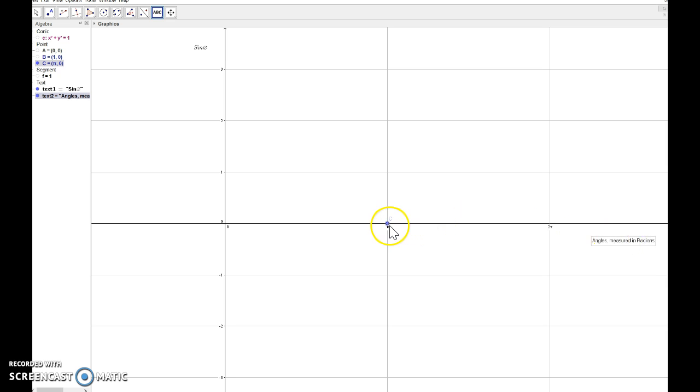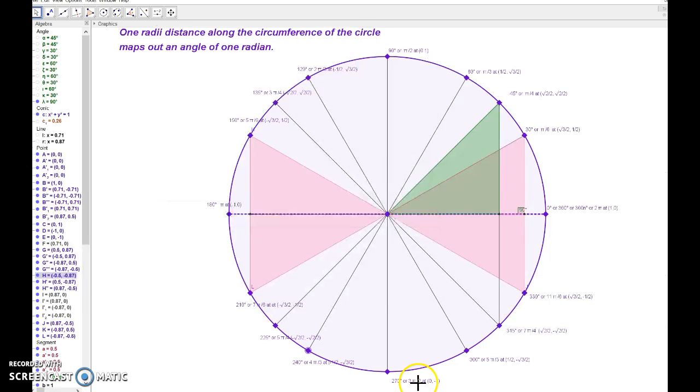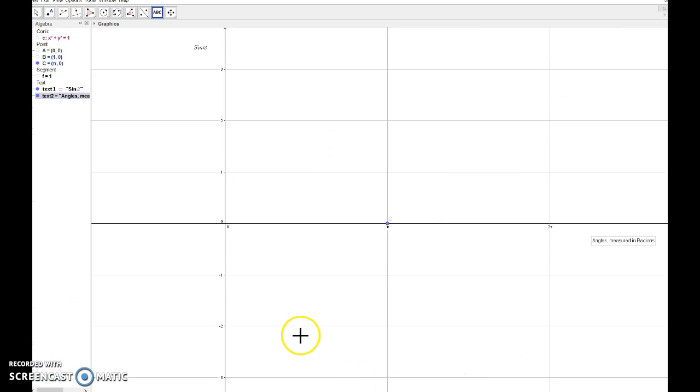Is there any place else where the sine is equal to 0? In other words, there is no vertical distance. Well, when the angle is at 0 radians, there is also no vertical distance. So let's graph that information.